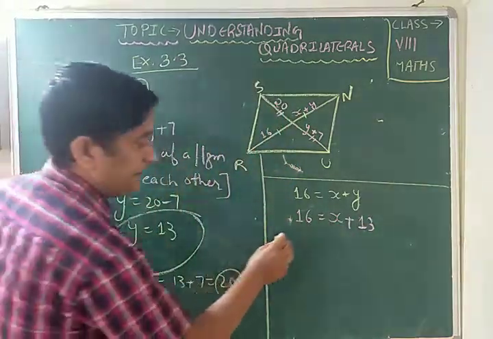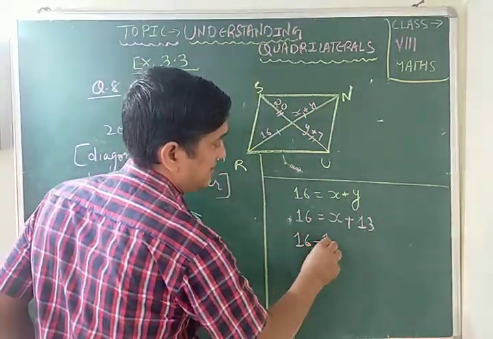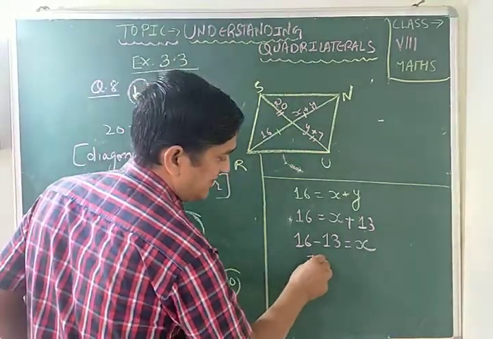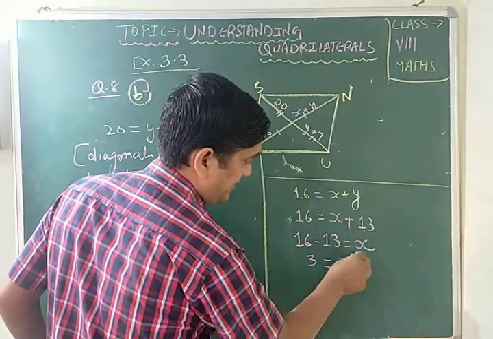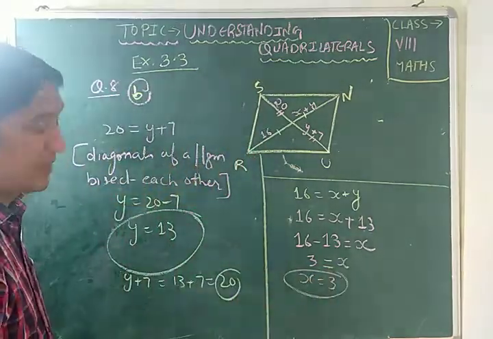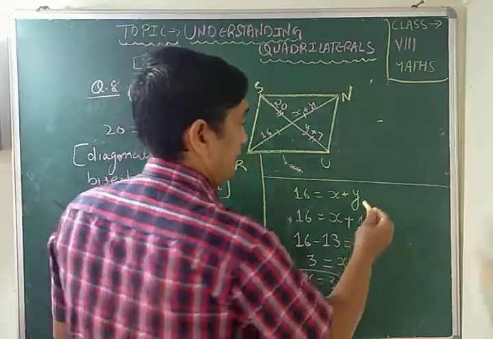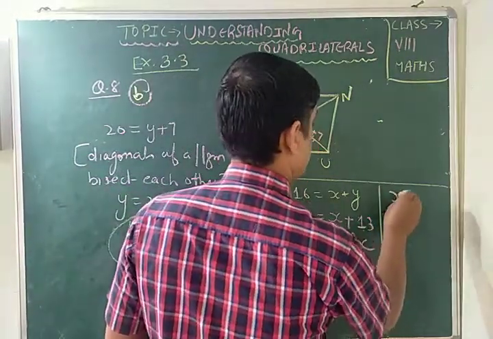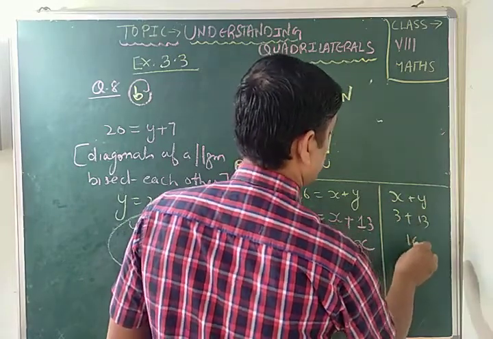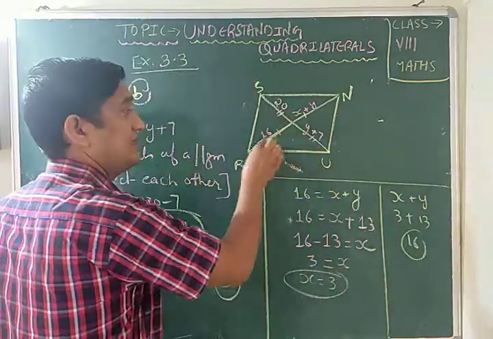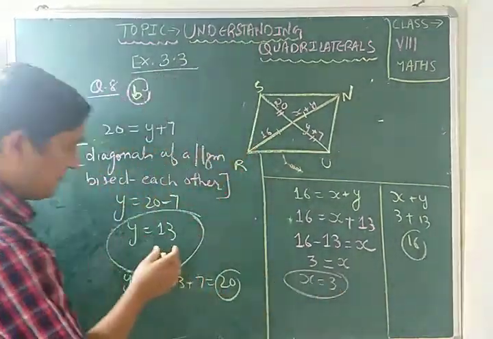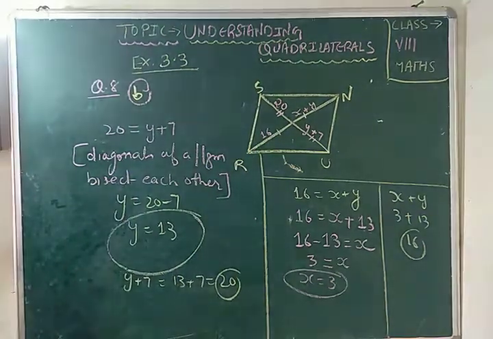So it becomes 16 minus 13. 16 minus 13 is 3. X is equal to 3. Now you may check also. X plus y, 3 plus 13. This is 16. Now this is also 16 and this comes 16 after substituting the value of x and the value of y.